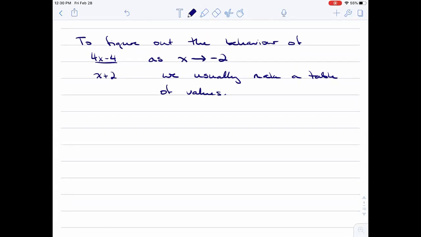So what I'm going to do is have as x approaches -2 from the left, let's start from the left and then from the right, and then as x approaches -2 from the right.